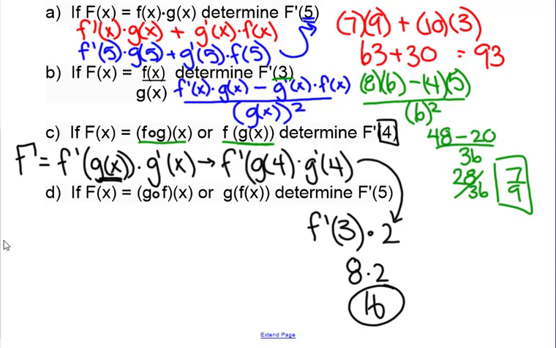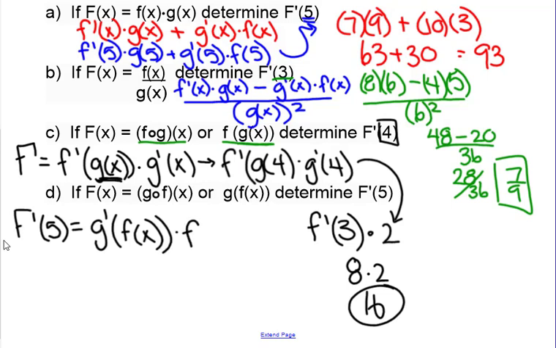So our next one, we have g of f of x at f prime of 5. So f prime of 5 is equal to g prime of our f of x times our f prime of x.